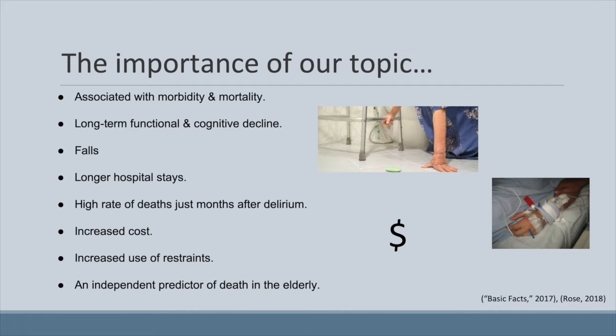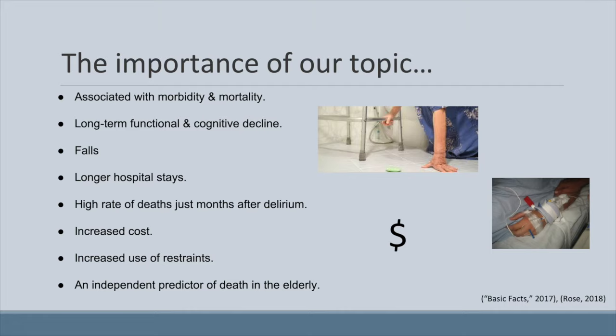Delirium is also associated with increased costs, which is always a problem in healthcare, and increased use of restraints, and it's an independent predictor of death in the elderly. So we felt it was very relevant. And then I just want to present a couple of statistics from the Foundation of Health and Aging, just to give you an idea of its prevalence in the elderly.